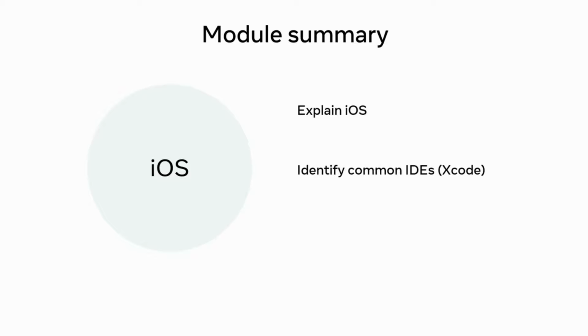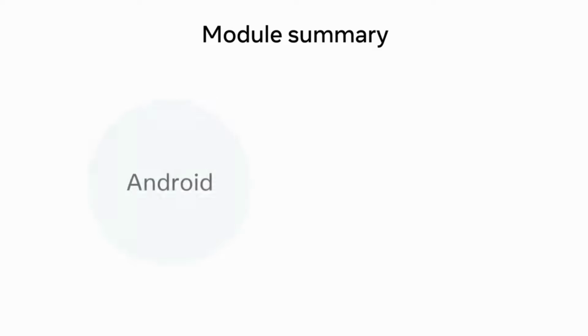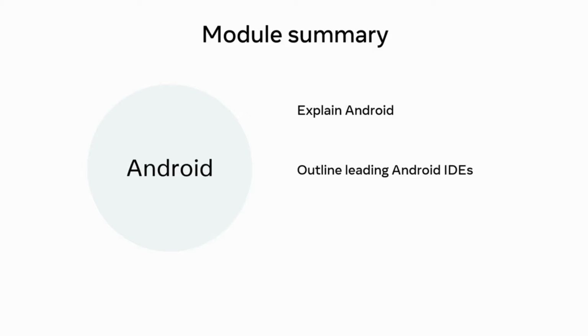As a result, you learned how to explain what iOS is alongside its benefits, identify the leading integrated software environments or IDEs for iOS applications such as Xcode, and outline the purpose and function of the Swift programming language. Explain what Android is, outline the leading integrated software environments, or IDEs, for Android applications, and identify the benefits of the Kotlin language in Android Studio.